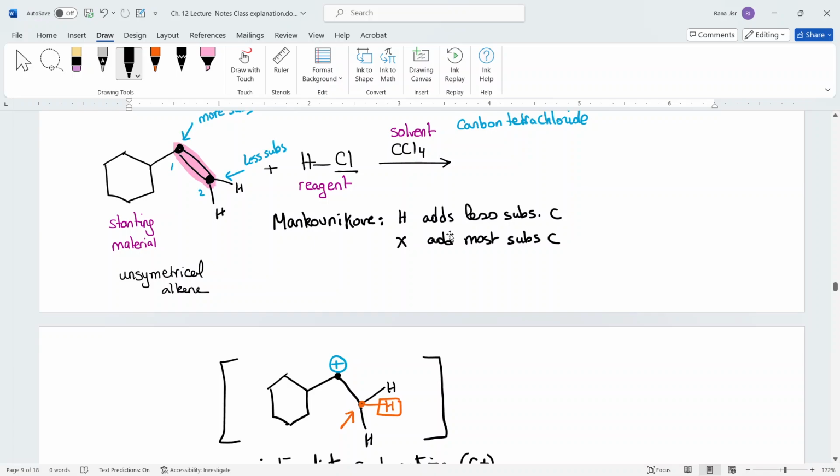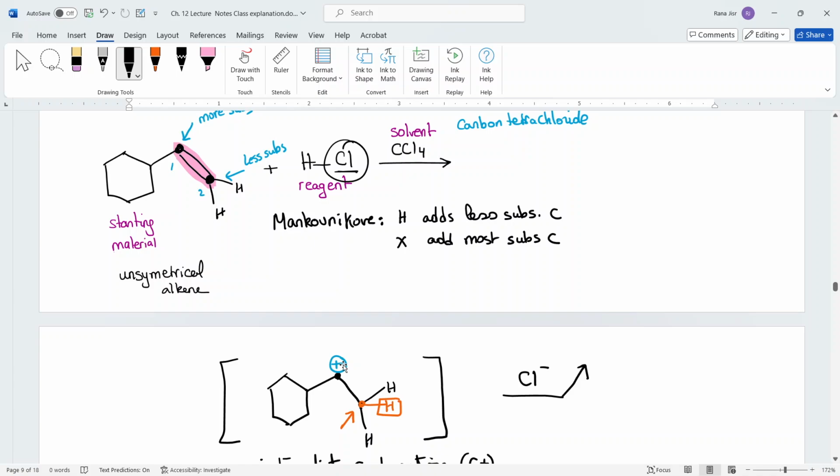What is my final product? That halogen here, that X, is going to come and attack the plus charge. So the final product in this case, I'm just going to write it like this. The final product is the X. Our X here is the chlorine. So that Cl, it's going to be a Cl minus, by the way, because you allowed the hydrogen to leave, so that chlorine will be negative. And negative and positive, they do attract each other.